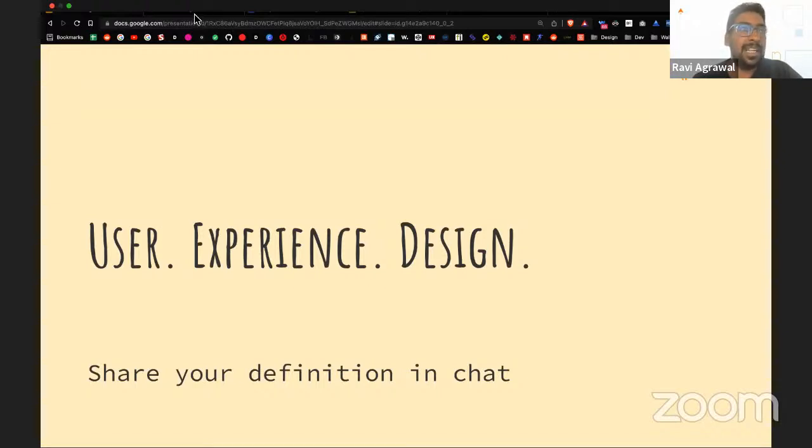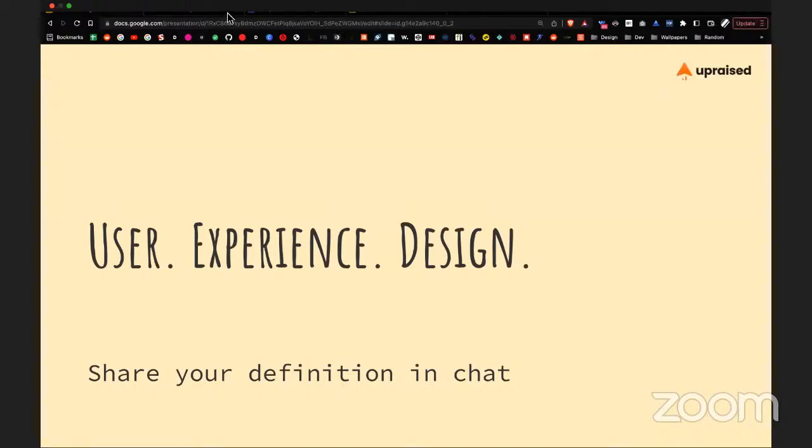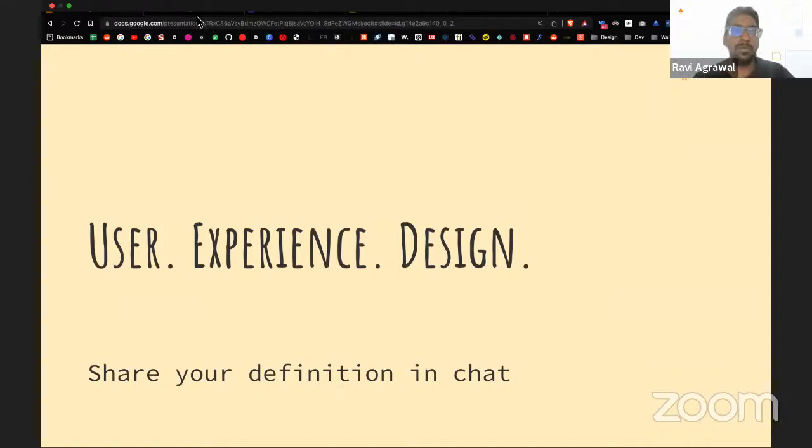Easy and accessible is nice. I really love the definitions that are coming along.